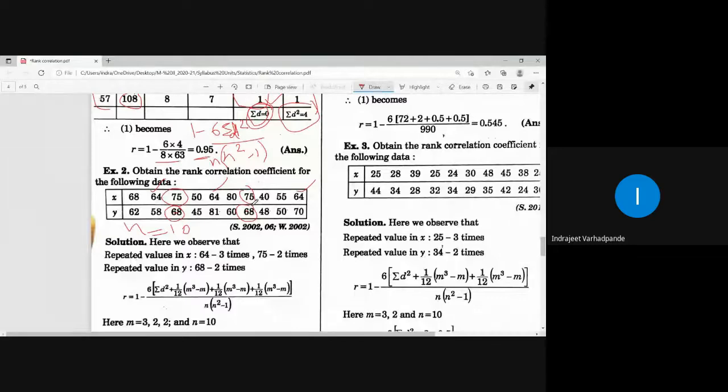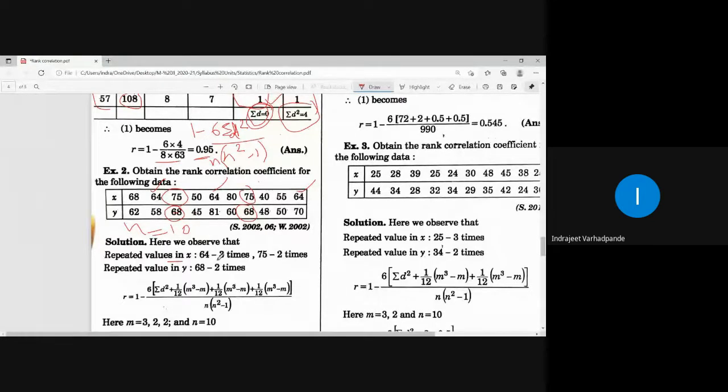So I will be using the second formula, which is the calculation of rank for repeated ranks. First, by observation, point out which observations are repeated and how many times. Repeated value in X is 64.